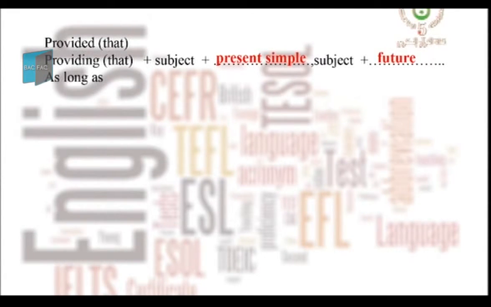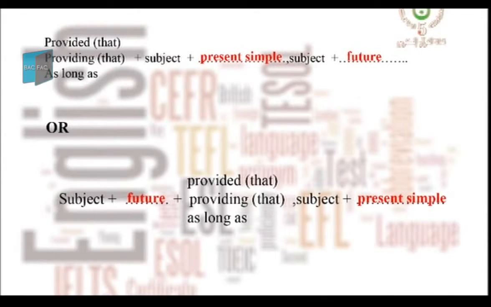Provided that, providing that, as long as are followed by the subject and the verb in the present simple, right? Then we have the second clause, the subject and the verb in the future. Good. We can also say subject and verb in the future, and then the link words provided that, providing that, as long as, followed by the subject and the verb in the present. Right? Okay, let's practice now.